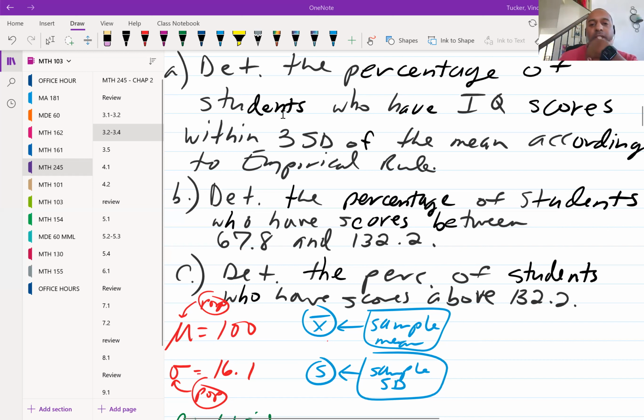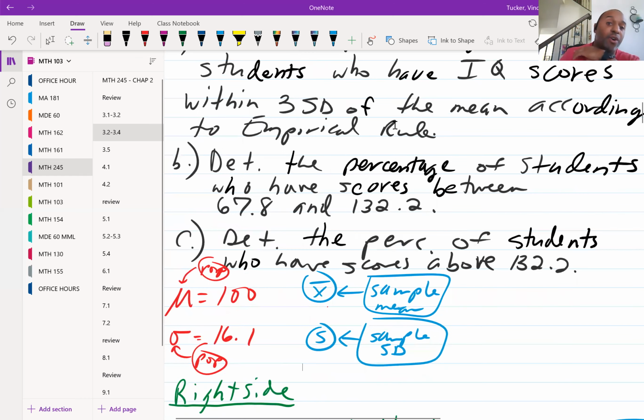Yes, these symbols do not change. They'll be used throughout the whole class period, really all the statistics.